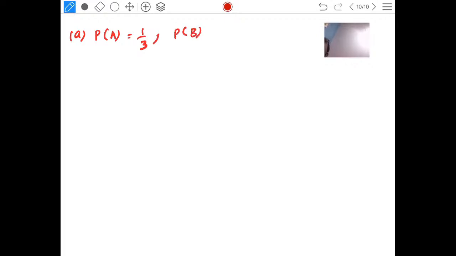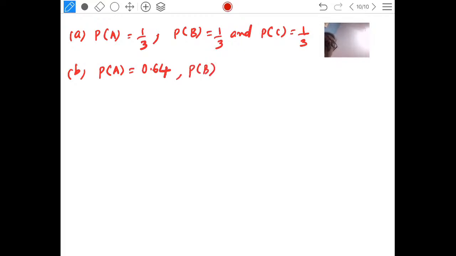P of B equal to 1/3 and P of C equal to 1/3. Subsection B, P of A equal to 0.64, P of B equal to 0.38 and P of C equal to minus 0.02.